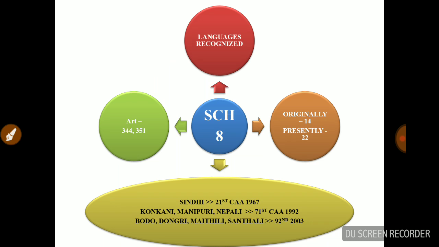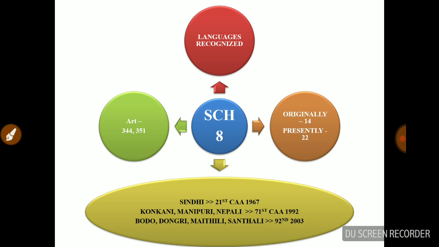Now the next one is Schedule 8. In this schedule they talk about the languages recognized in India. Originally it was 14, but presently there are 22 recognized languages. Sindhi was added to the schedule by the 21st Constitutional Amendment Act 1967.